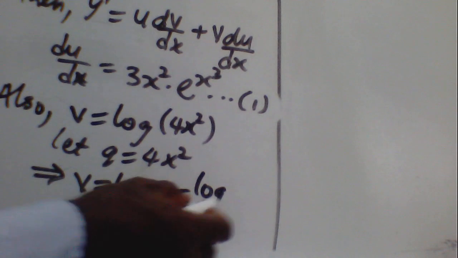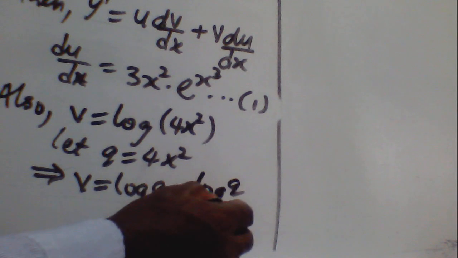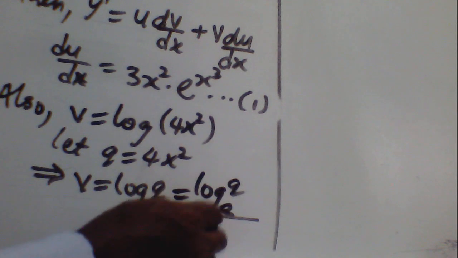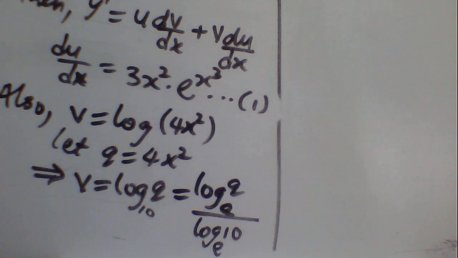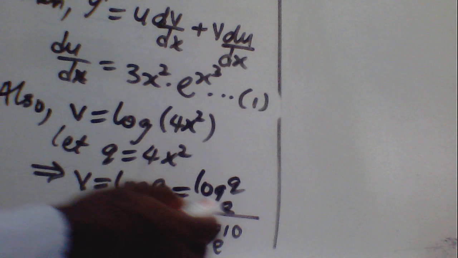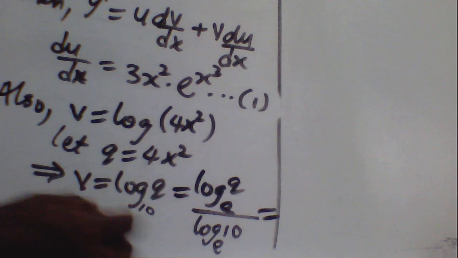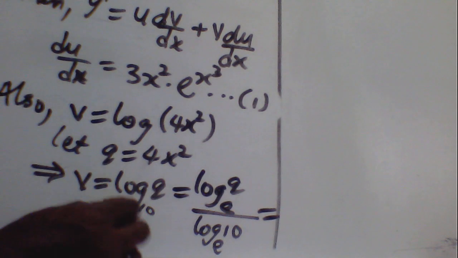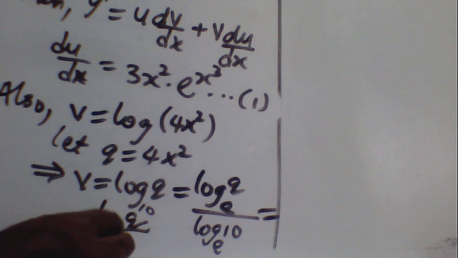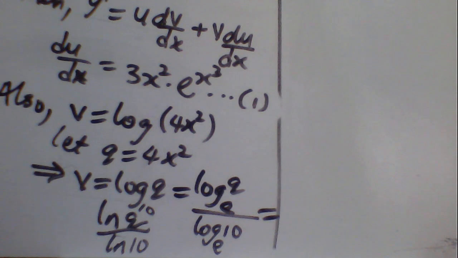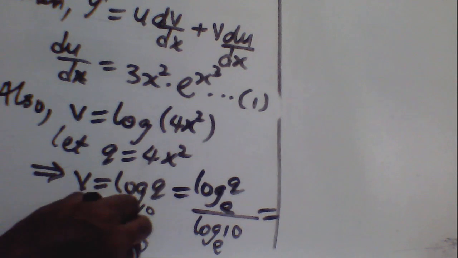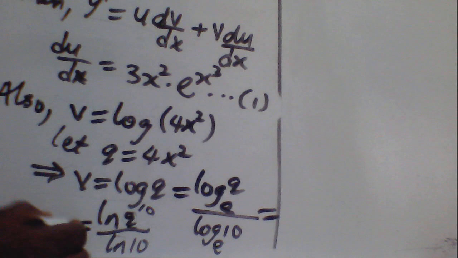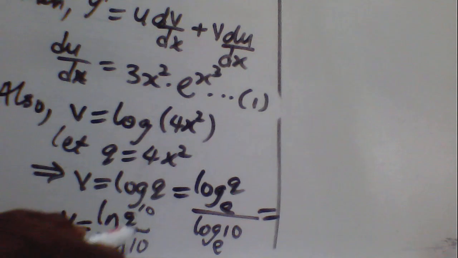This will give us log q to base e divided by log 10 to base e, which is equal to ln q over ln 10. We now have that v is equal to ln q over ln 10.